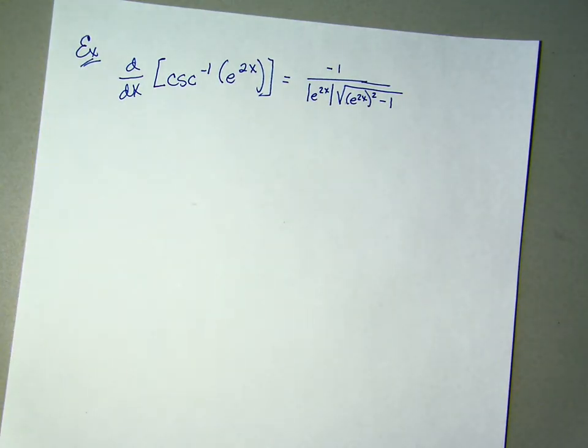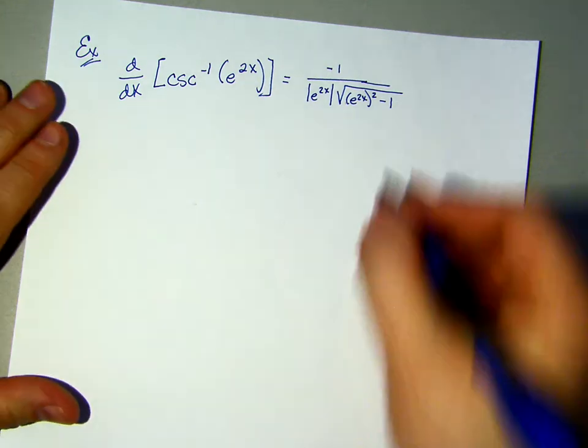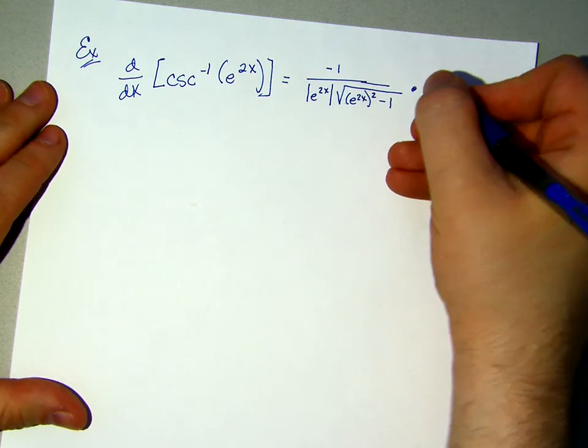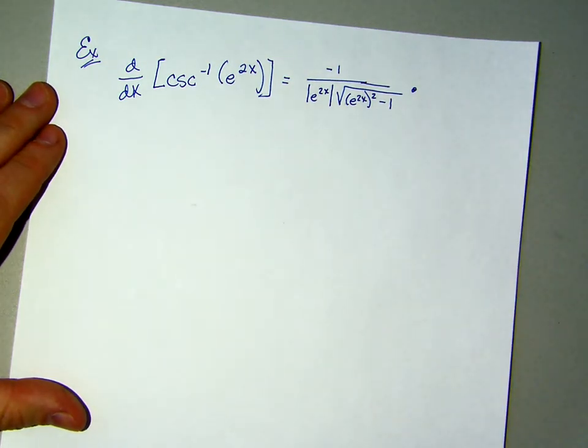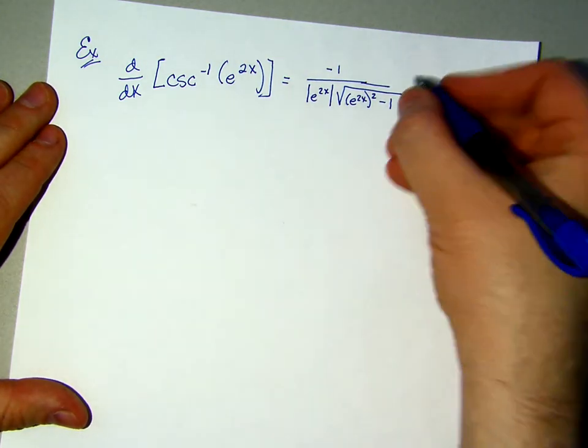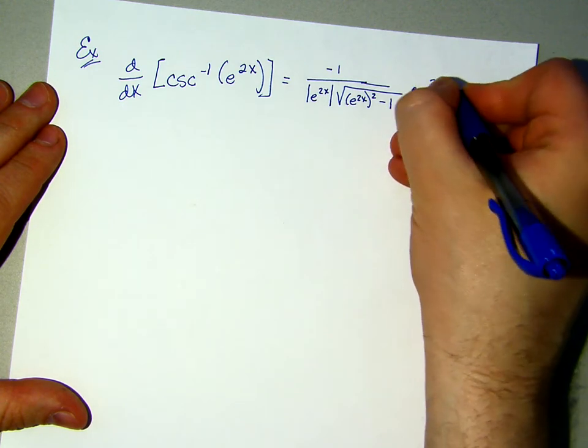Not yet. Hold on. Not there yet. You're going to multiply the thing I just wrote on the board by the derivative of e to the 2x. Well, the derivative of the e part is e, so e to the 2x, times 2.